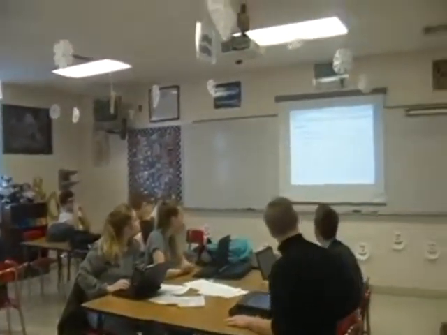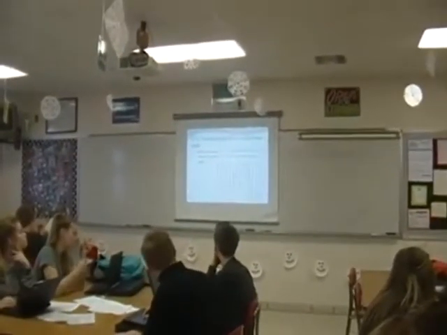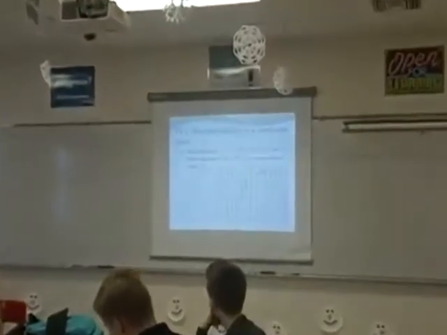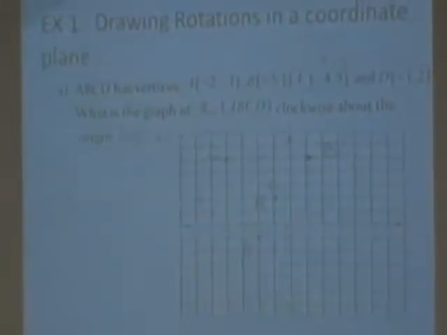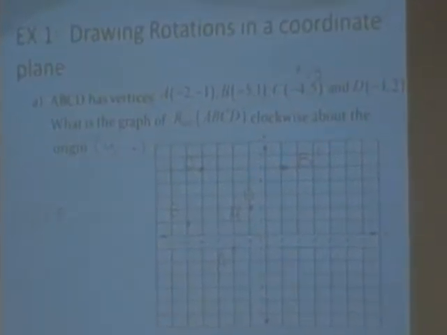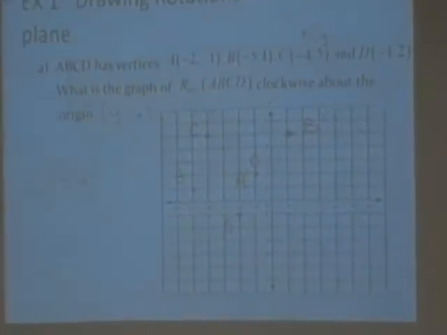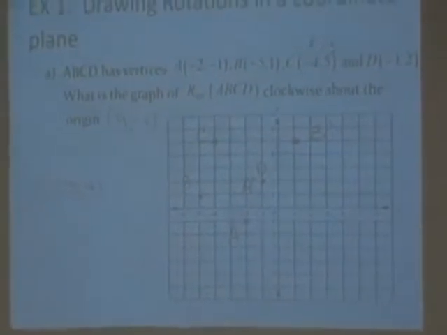You take the C. When I'm writing my C prime, there's my x, there's my y. So according to my rule, I'm supposed to put my y first, so it's going to be 5. And then I'm supposed to put the opposite of my x, so it's going to be 4. So hopefully if you rotated, did you also get 5, 4?